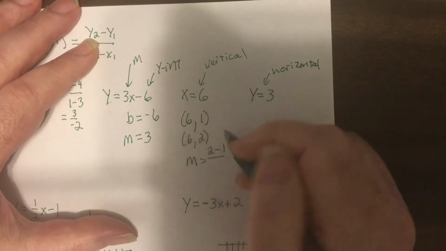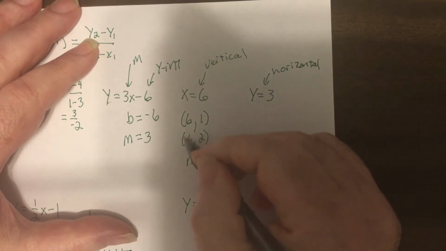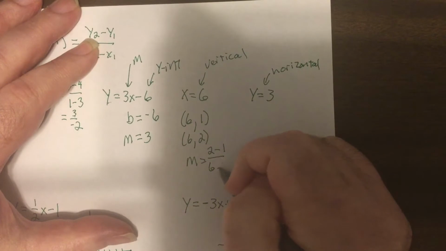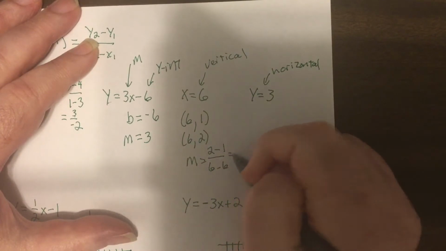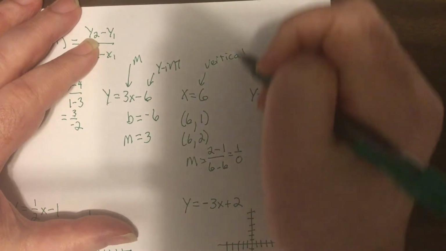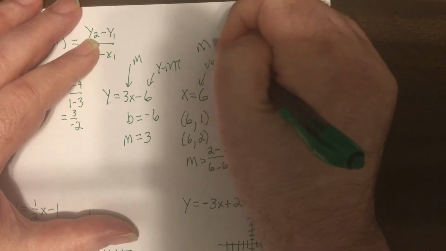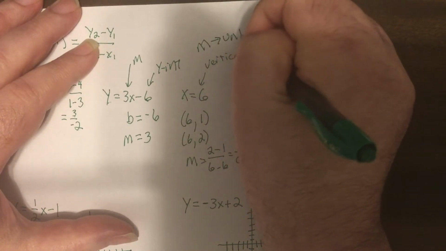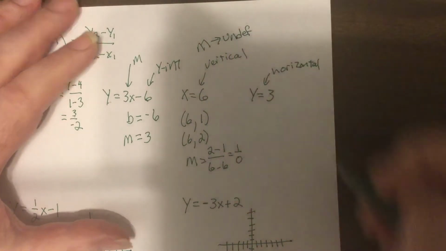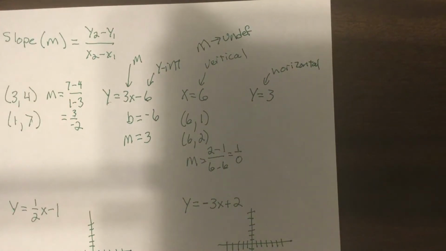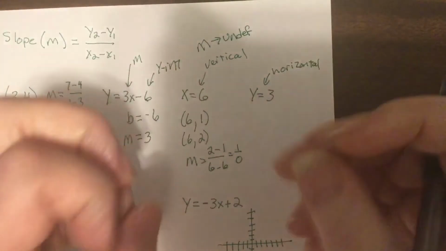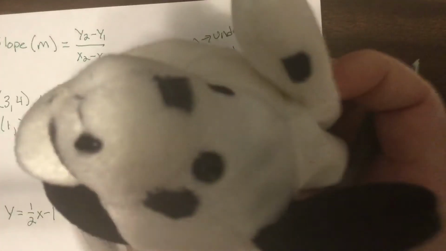But oh no, change in x would be 6 minus 6. That is 1 over 0, which is undefined. Might want to remember that. X equals a number is a vertical line whose slope is always undefined.